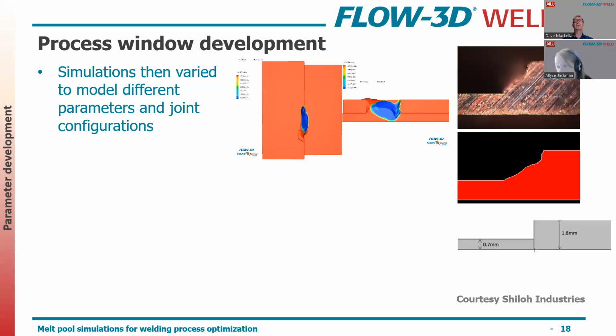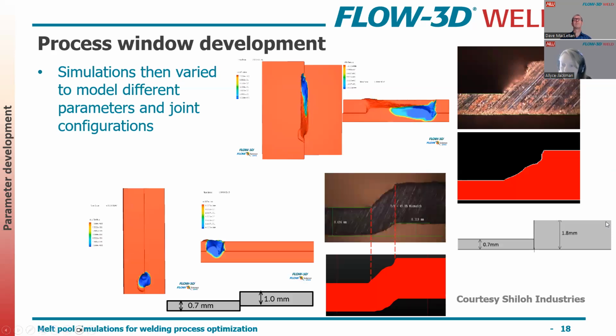So Shiloh Industries provided us this example of their simulation. They were looking at 2 different joint configurations. This is a butt joint where you have the bottom surface in alignment. So there's not full penetration of the weld into the bottom plate. So you get this surface morphology here on the joint and on the top.